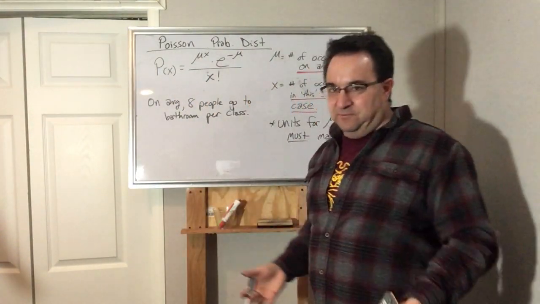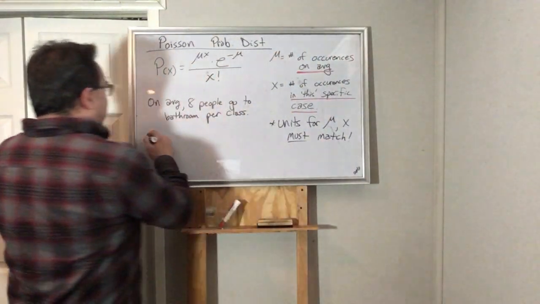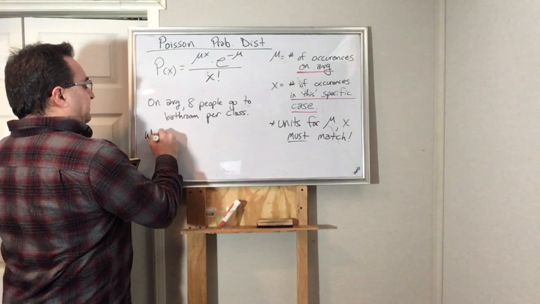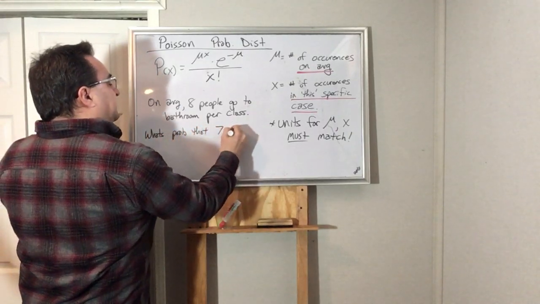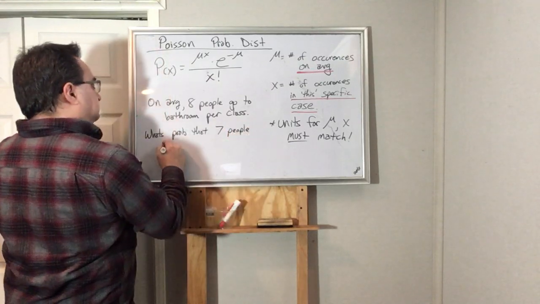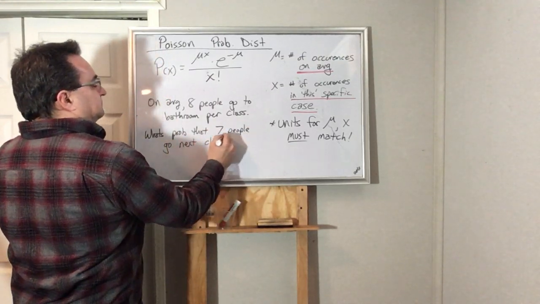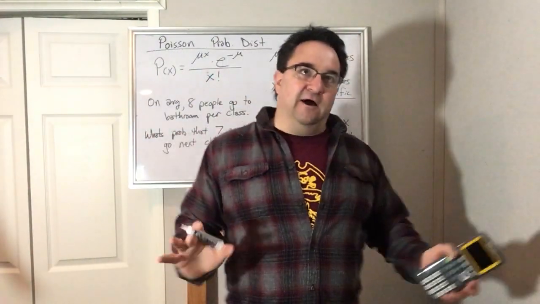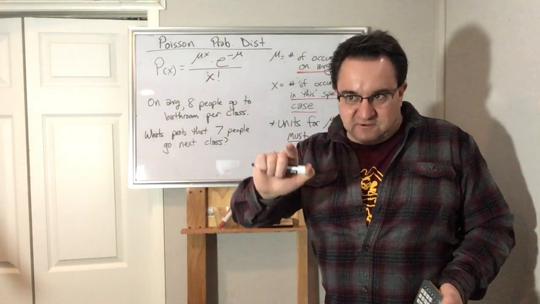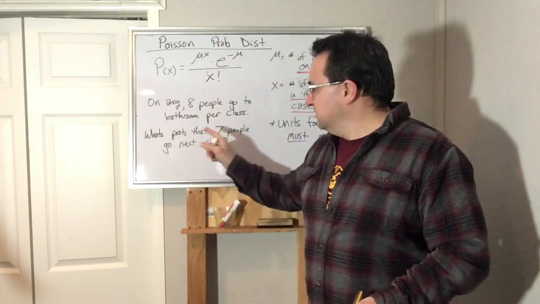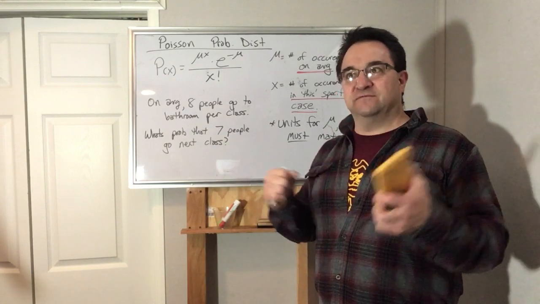On average, 8 people go to the bathroom every class. I could ask, what's the probability that 7 people go next class period? See, now I'm going from the on average idea to specifically next class. What are the odds that 7 people go instead of the average of 8?